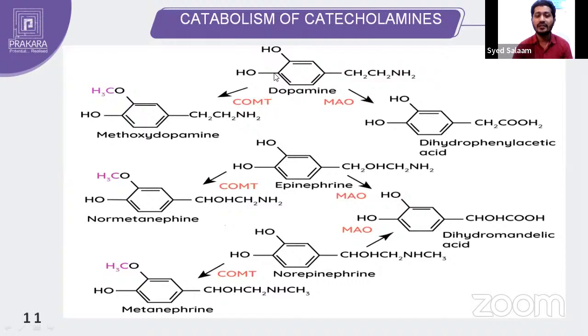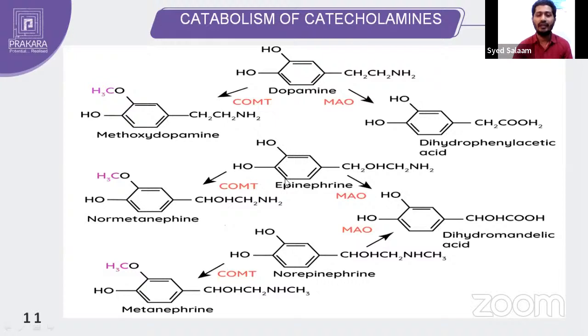The latter transfers a methyl and converts it into methoxydopamine, which can be easily eliminated. By the action of monoamine oxidase, dopamine gets converted into dihydroxyphenylacetic acid, which can also be easily eliminated through the liver or kidney.